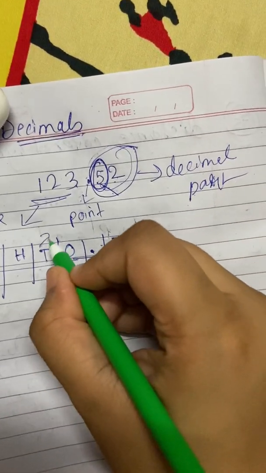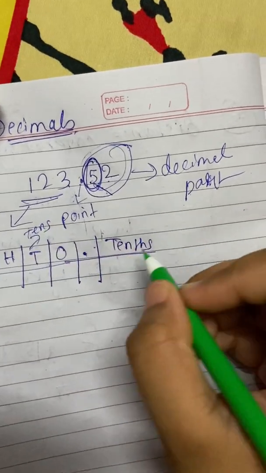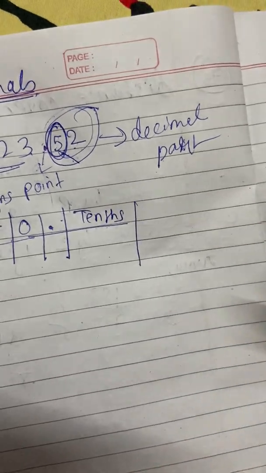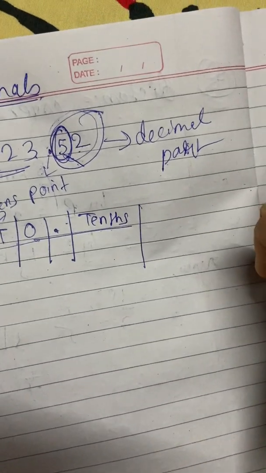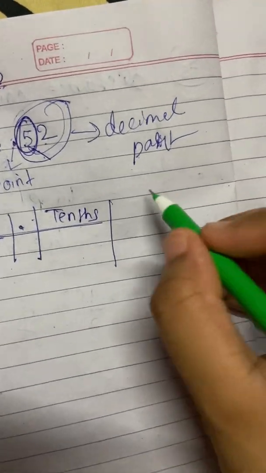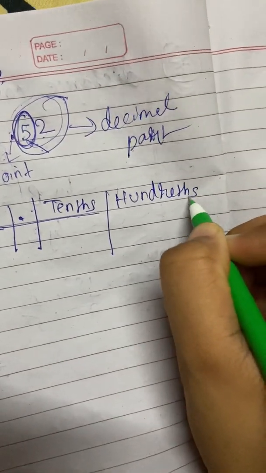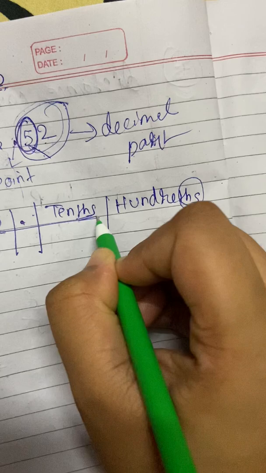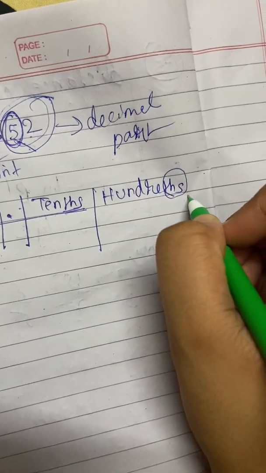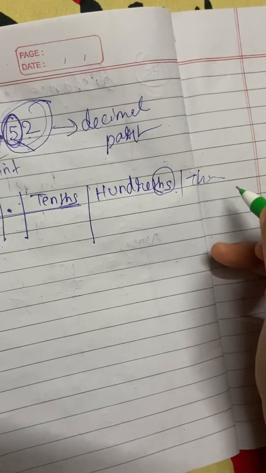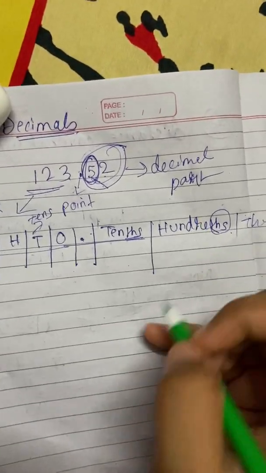This is tens and this is tenths. There is no ones. Then after tenths it is hundredths. So you see we are adding TH at the end. Then thousandths. So like this it will go.